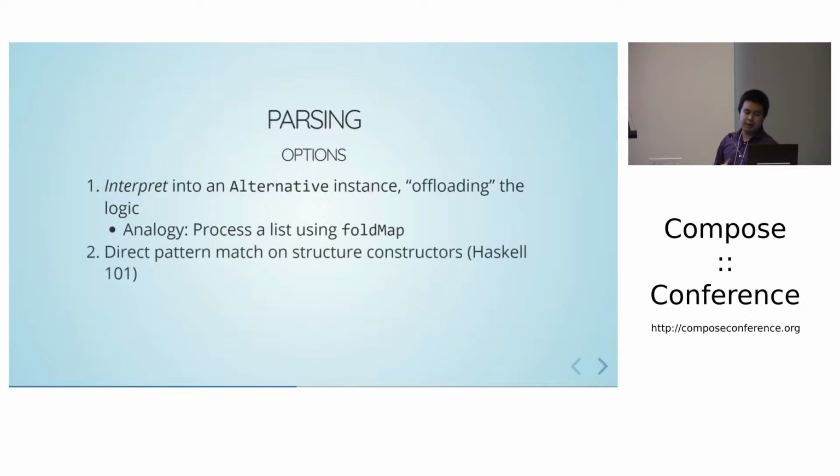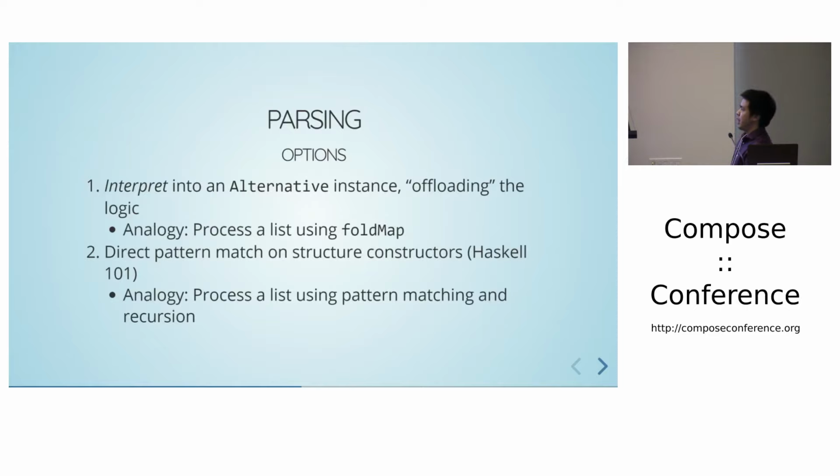Or we can pattern match on the free structure and just use normal Haskell 101, pattern matching, recursion, just basic Haskell techniques, like using a list. So these are the 2 main patterns we can use to actually use free structures. We'll go over both of them.